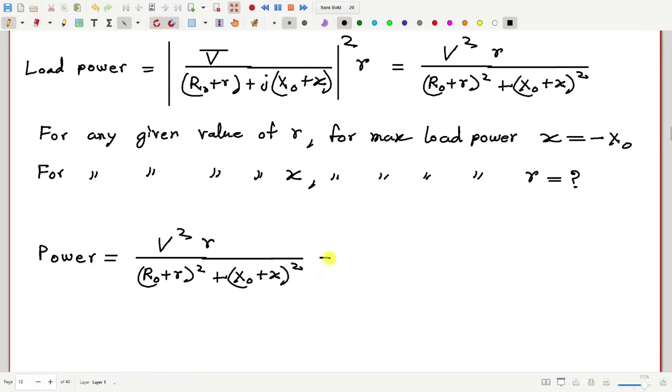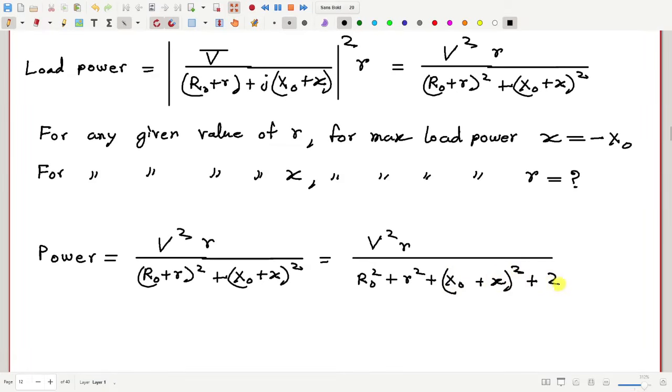Before that let me just expand it. V square by R, R naught square plus r square plus x naught square plus x square plus 2 r naught r.